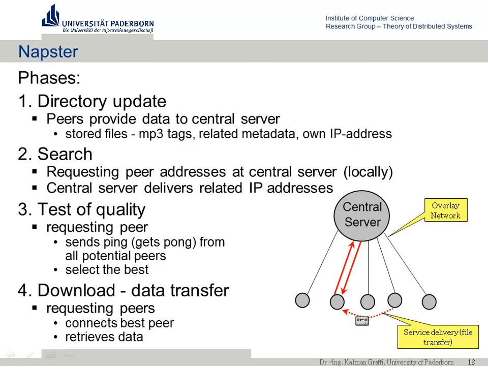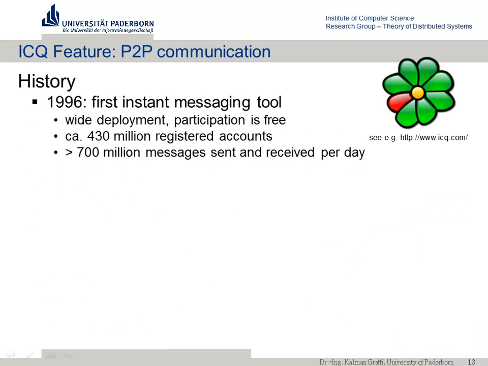Okay. Some other application besides Napster that was also using this type of centralized peer-to-peer concept was ICQ, and probably still is. It was the first instant messaging tool. I don't know that, but at least the first prominent and widely deployed instant messaging tool, and I still have an account, but I'm not sure how many people still use it.